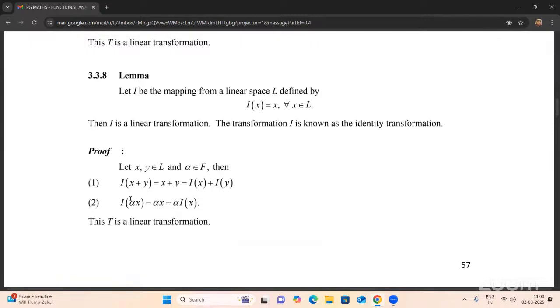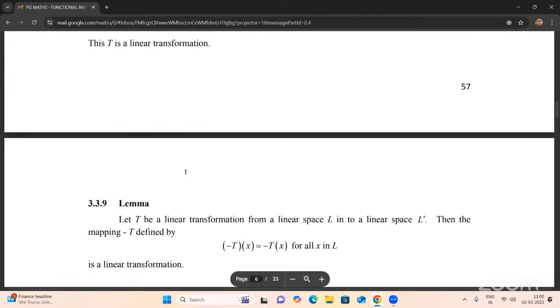In the same manner, the second condition is I of alpha X equal to alpha into I of X. So the zero and identity transformations are also linear transformations.